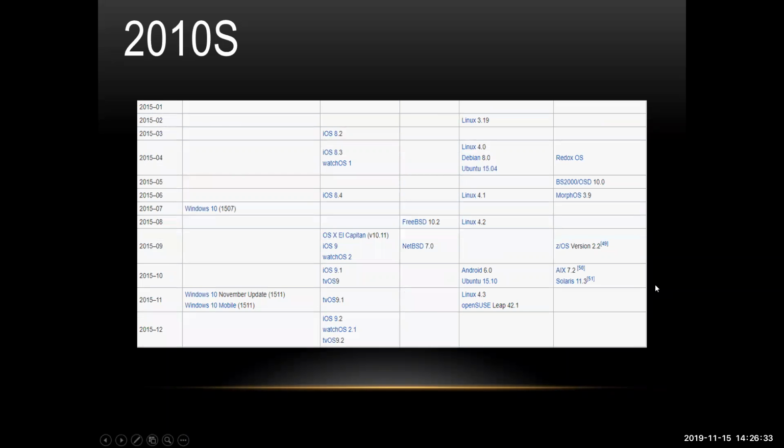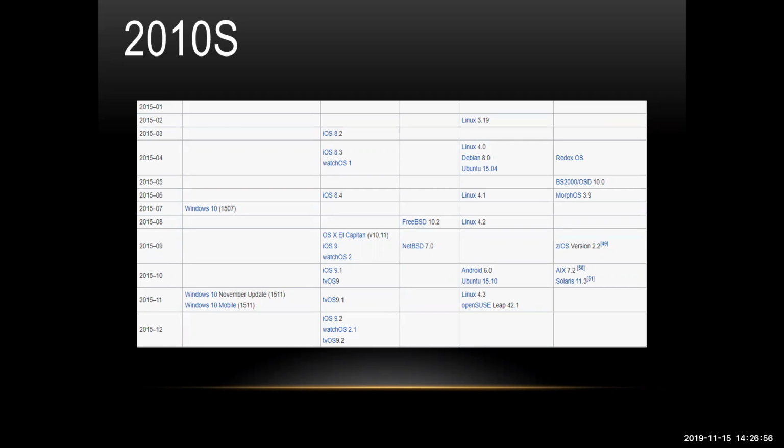And then in the year 2015, we started with Linux 3.19 on February of 2015, then followed by iOS 8.2 on March of 2015, and then April we had the iOS 8.3, Watch OS 1.